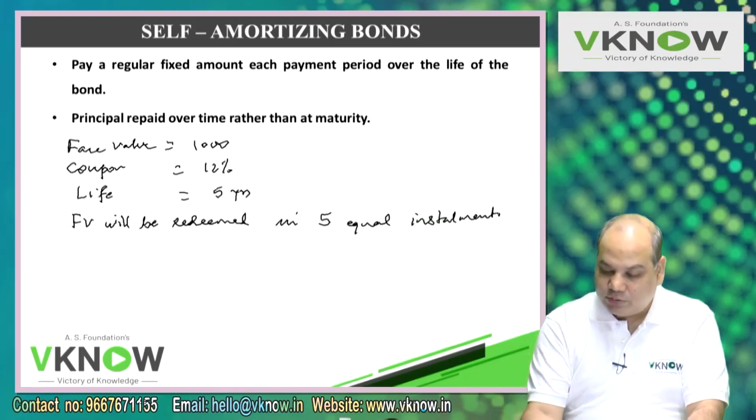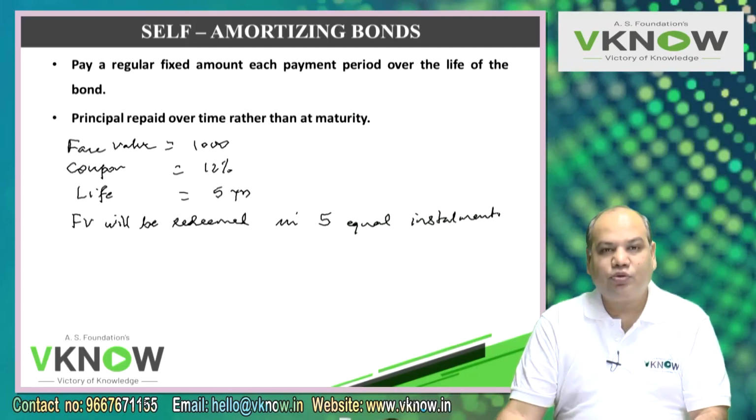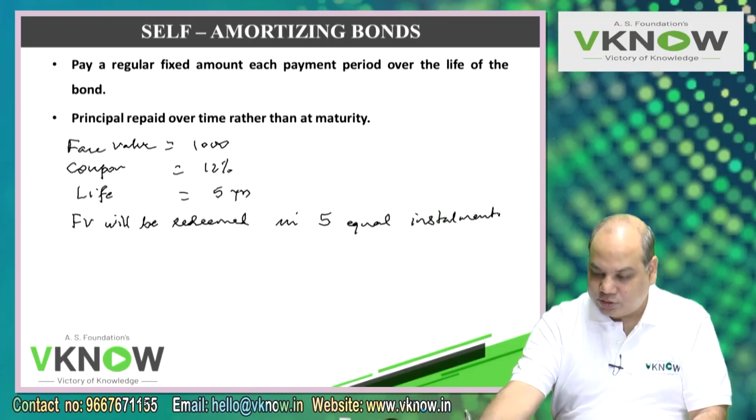Required rate of return they will give you, and they will ask you to calculate the present value. So what will happen now in such a question?